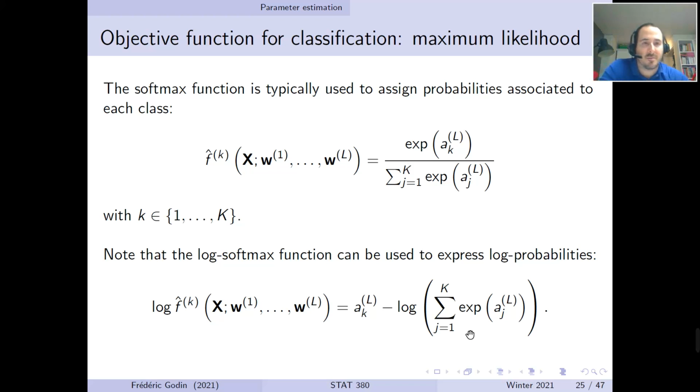The log of the denominator cannot be simplified because it's the log of a sum, not the log of a product. But it's useful to notice that the log probabilities predicted by the network have the following form.